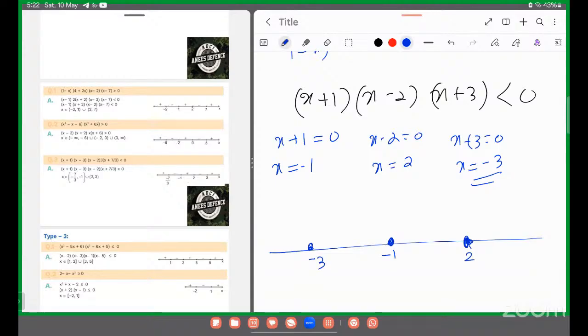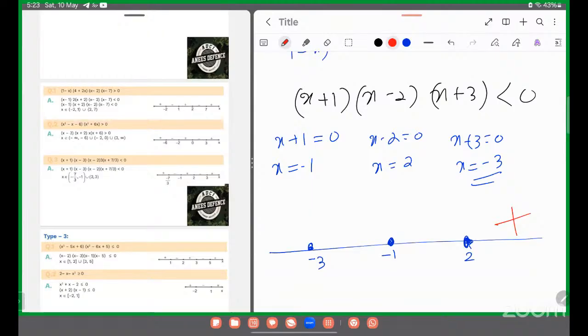If you put x is equal to 3, first 3 plus 1, 4. 3 minus 2, 1. 3 plus 3, 6. You can see all are positive. Positive into positive into positive is positive. That means if you take any value greater than 2, the value will be positive.